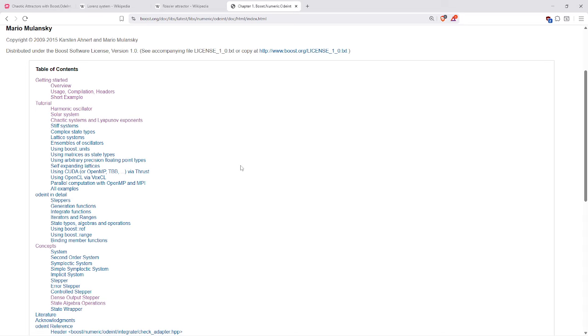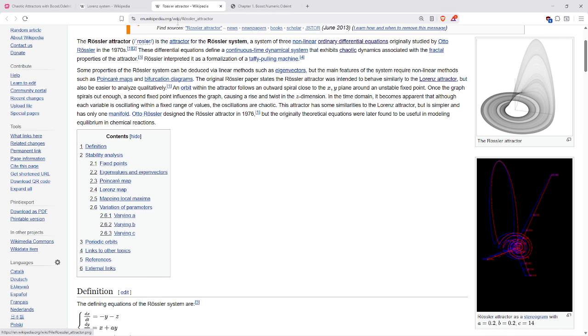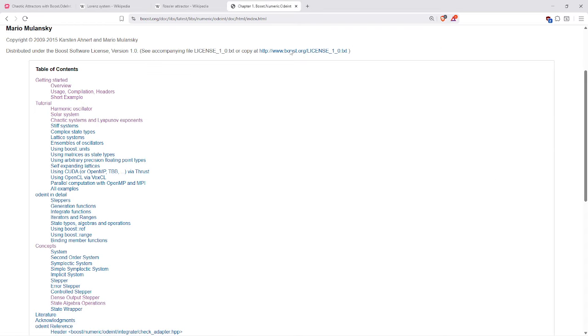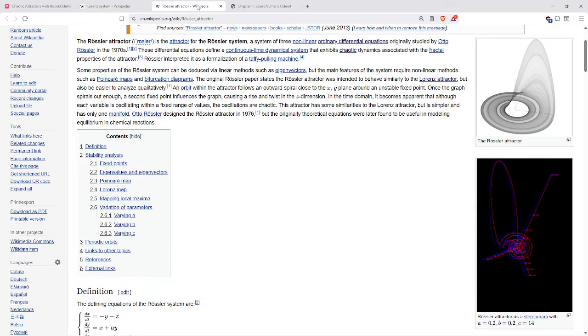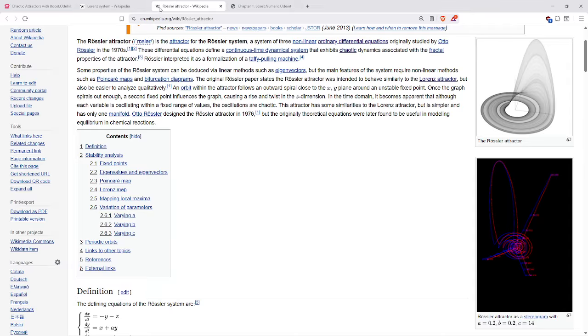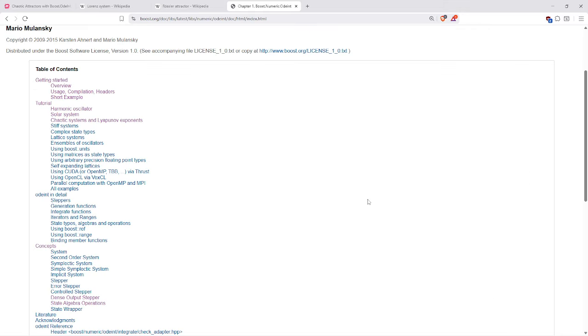In my example code here, I've got my own example that I wrote, which is going to visualize the Rossler attractor and the Lorenz attractor using OpenGL. It's a very simplistic visualization, but you'll see that it looks similar to these pictures in Wikipedia.